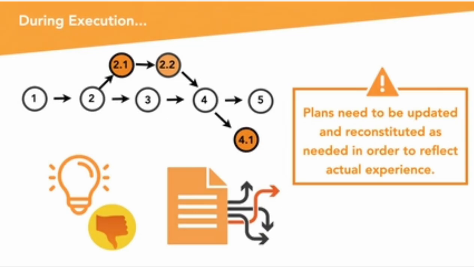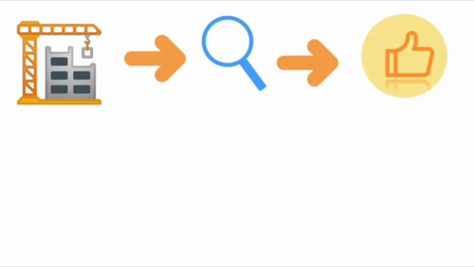actual experience. Case in point, we said that we're going to build a warehouse in this property, and we have done a survey of the property, and generally speaking, the soil survey indicates that it's okay to build this building.